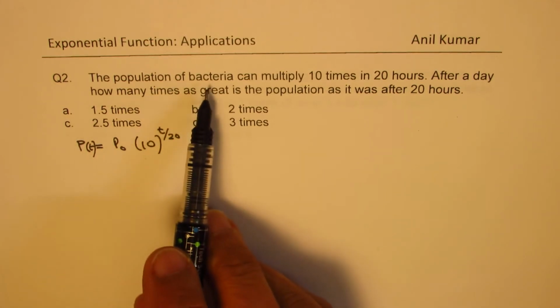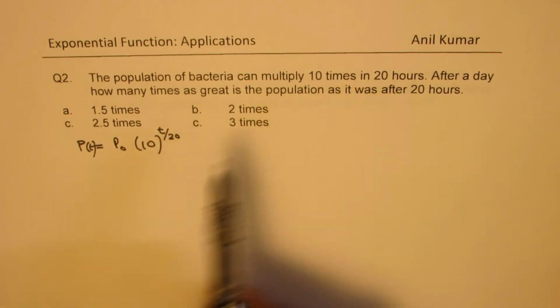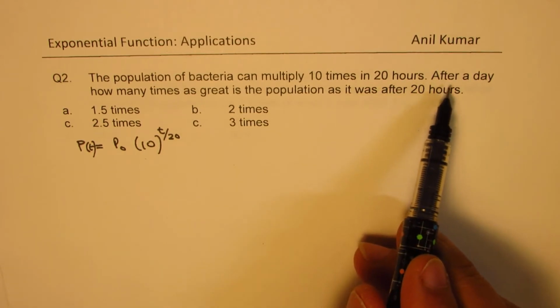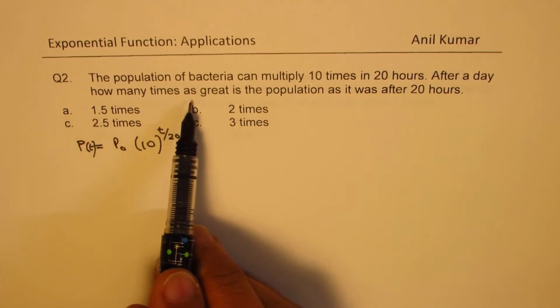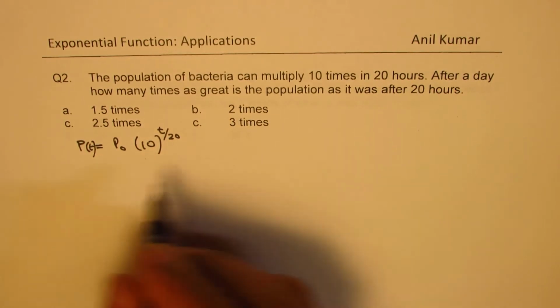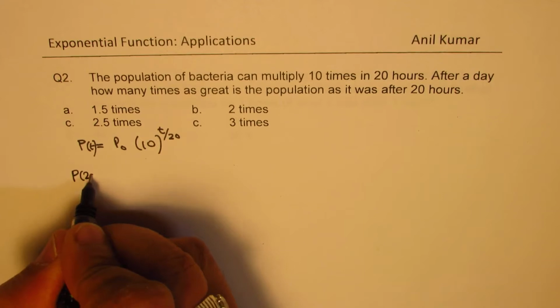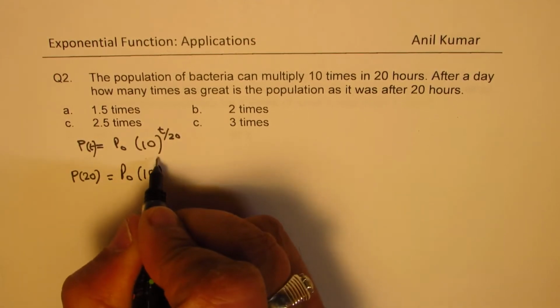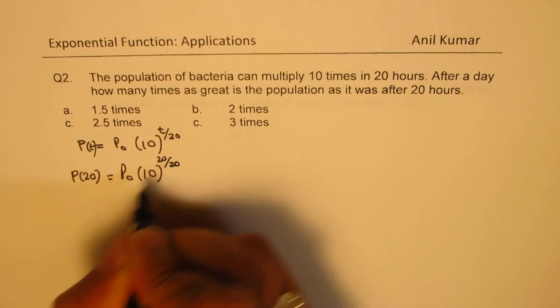So that's another way of writing the equation in function notation. The population of bacteria can multiply 10 times in 20 hours. The multiplication factor is 10. After a day, how many times as great is the population as it was after 20 hours? So the population after 20 hours will be the initial population times 10 to the power of 20 over 20.